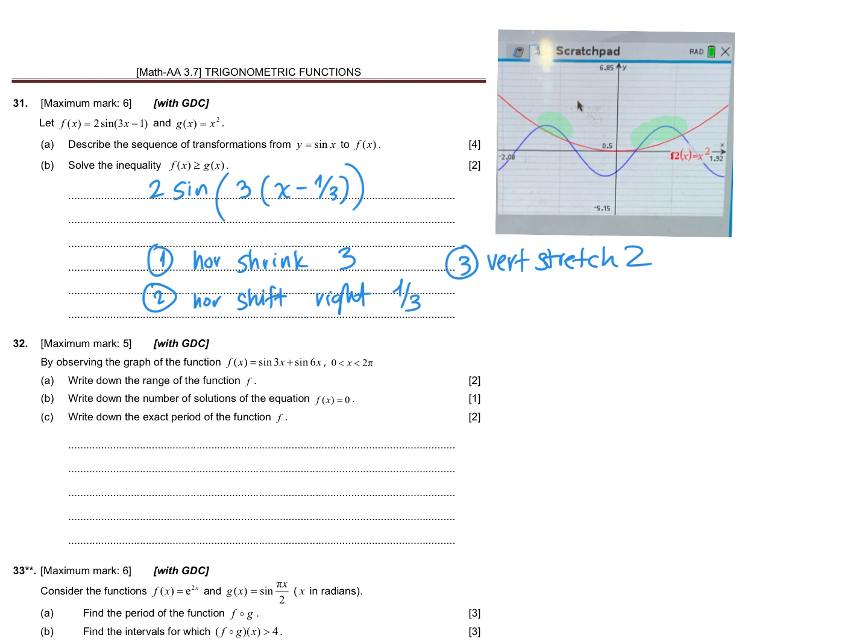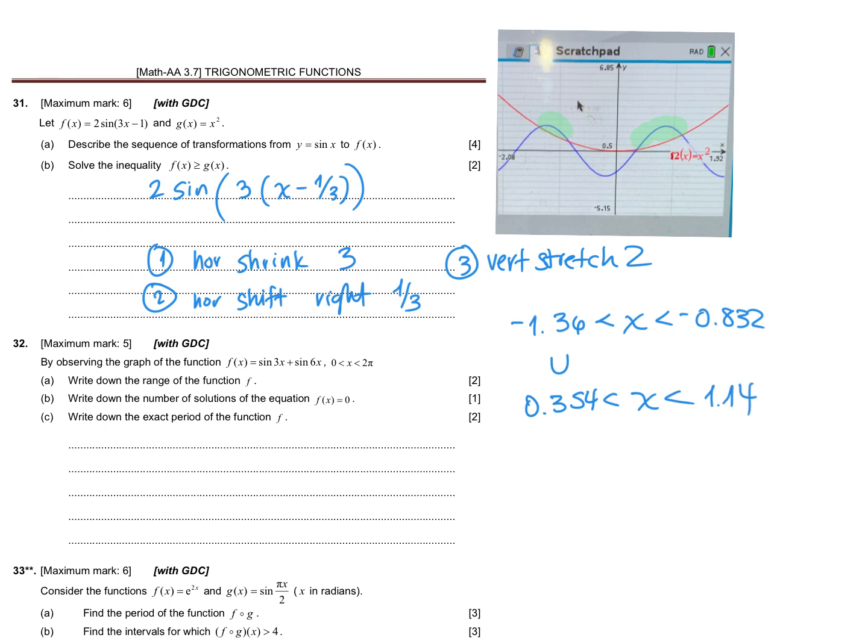So from negative 1.36 to negative 0.832, or 0.354 to 1.14.